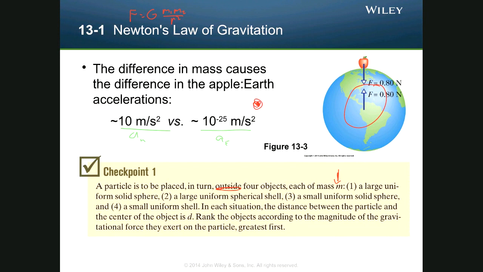And what we said with our shell theory, the whole idea is that you can collapse any of these objects to the center. So because we're outside, you can collapse any of them to the center, and that will lead them to have the same distance, right? Regardless of whether the red circle or the Earth is bigger. You can see already here the effect of large or different distances. But if we shrink them to the same distance, the R's are the same for every situation. The M's are the same, and G is the same. And therefore, all four forces are the same.